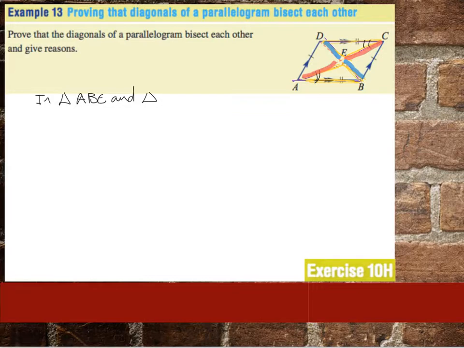So congruent to A will be C, corresponding to B, which is this one, will be D, so it will be CD, and then this one and this one must be the same, which means E.